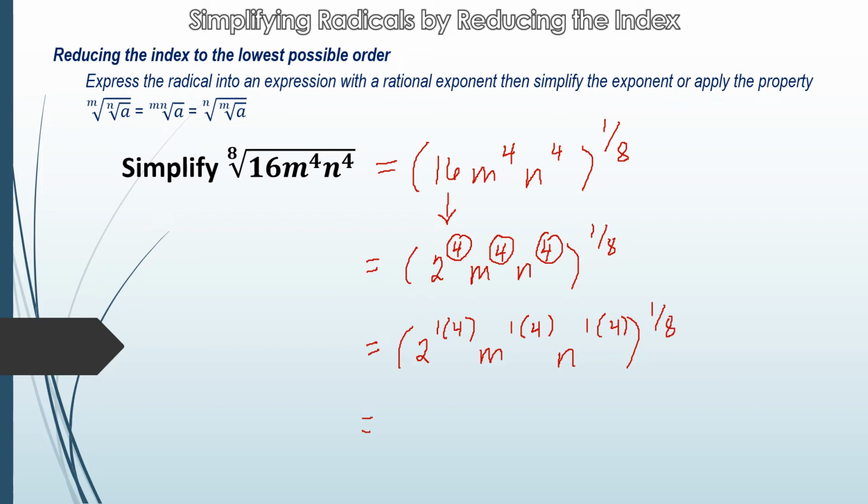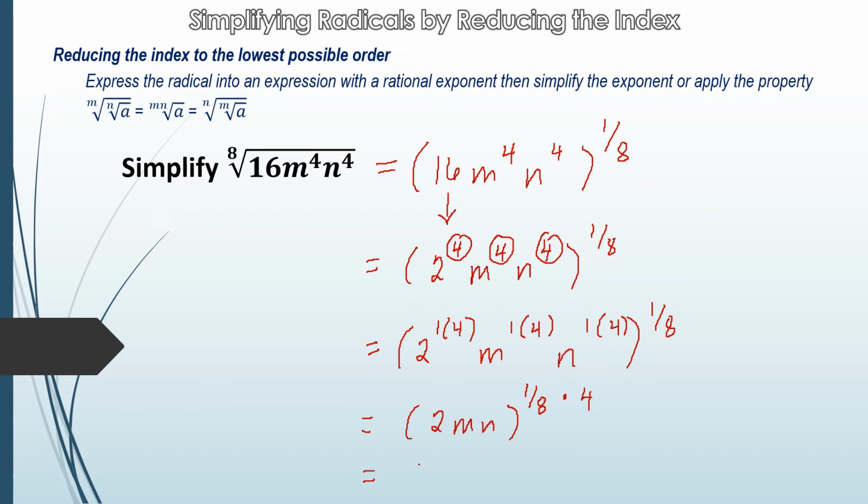So we factor out 4. So we're going to have now the expression quantity 2mn raised to 1/8 times 4, since we factored out the exponent 4.